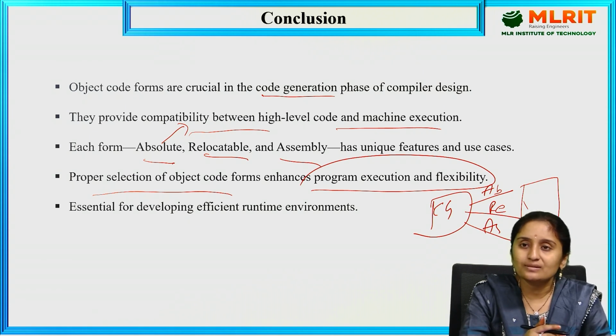Relocatable machine code allots memory, does linking, and generates object files in C programs. For assembly language we use assemblers, and it generates .asm files for drivers. So these are the things we have discussed in the object code forms.